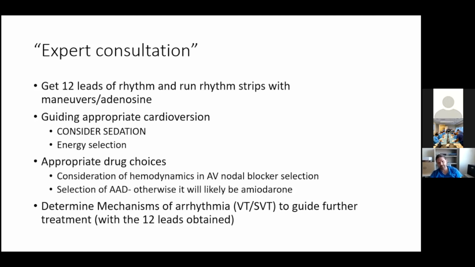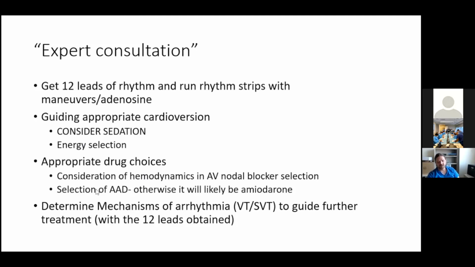Energy selection, normally we recommend manufacturer's highest setting. It will lead to less shocks and more successful initial cardioversion, so less shocks being needed. Part of the expert consultation is helping guide appropriate drug choices. This can be both helping out in deciding what to use as an AV nodal blocker in the setting of a patient with questionable hemodynamics, also can be in helping the selection of antiarrhythmic drug.